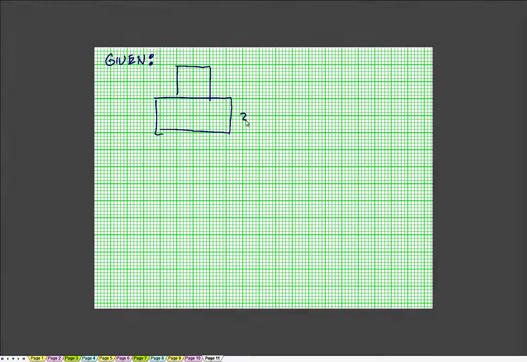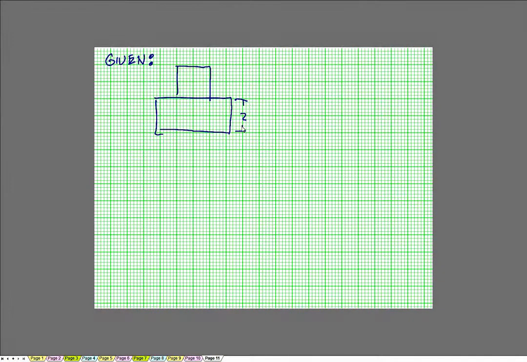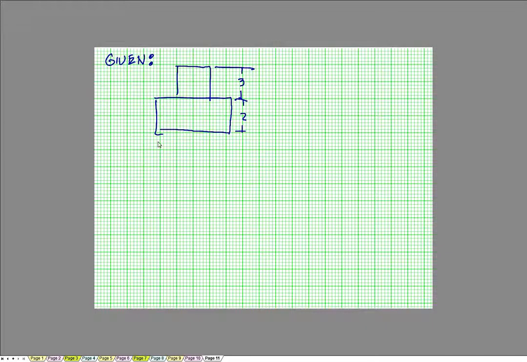Let me do an example. I have a box here on top of a box here. This is 2 inches tall. This is 3 inches tall. It is 5 inches wide.